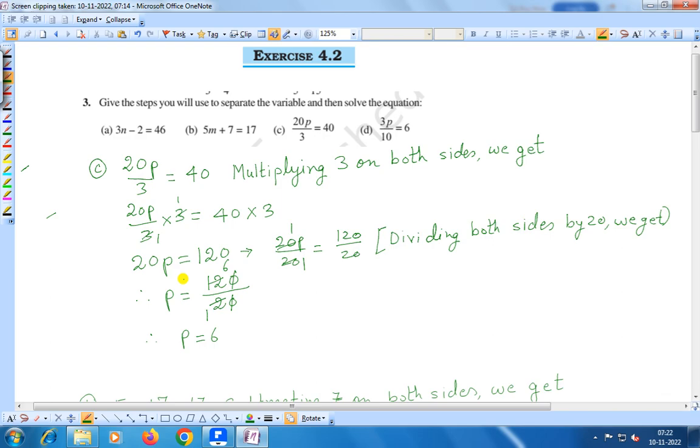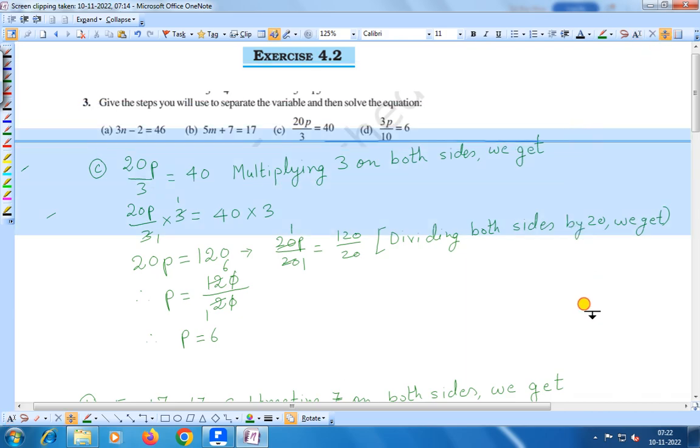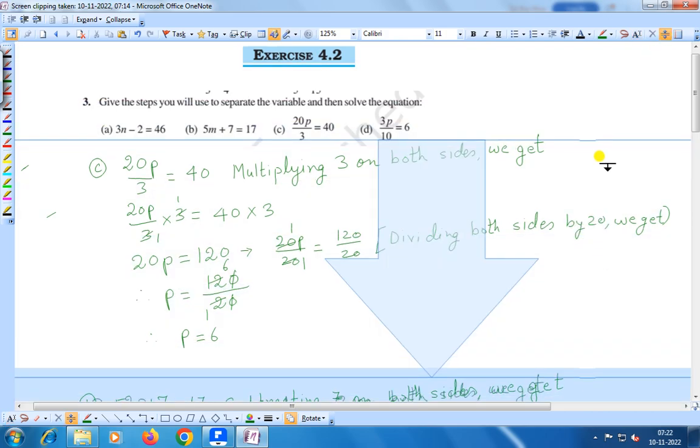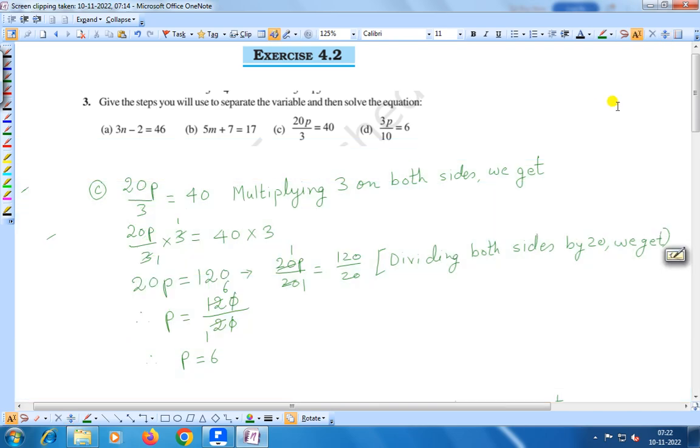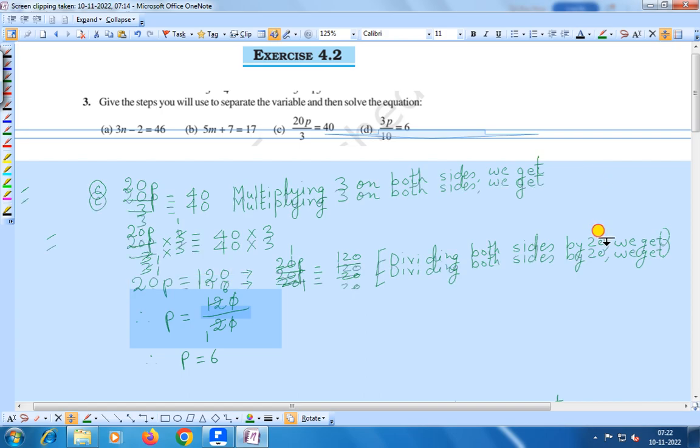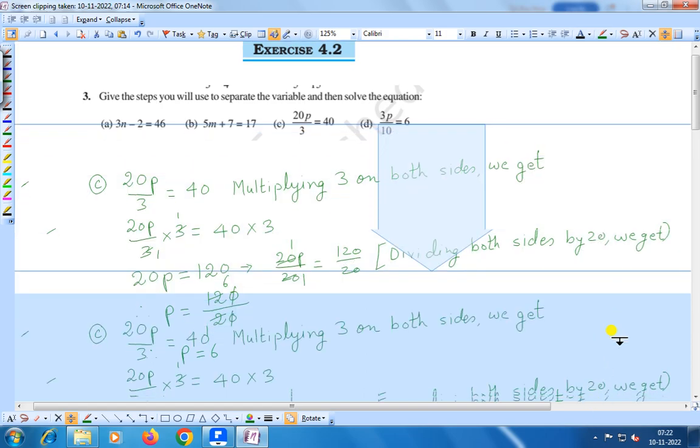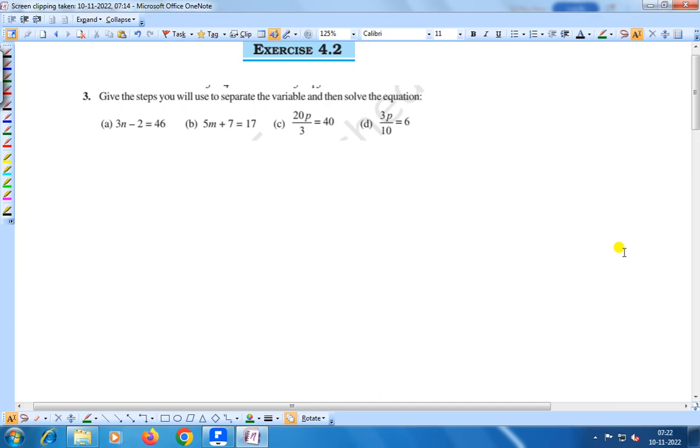Now question number D. Question number D is 3p by 10 is equal to 6.